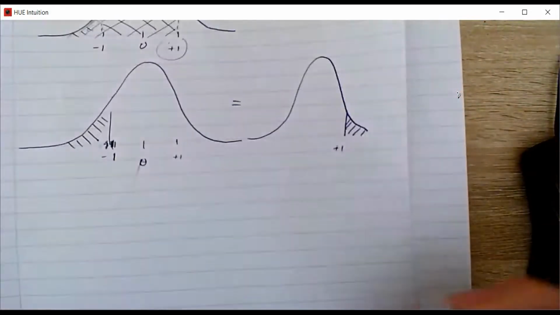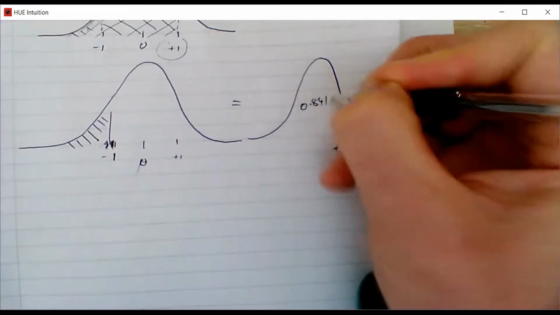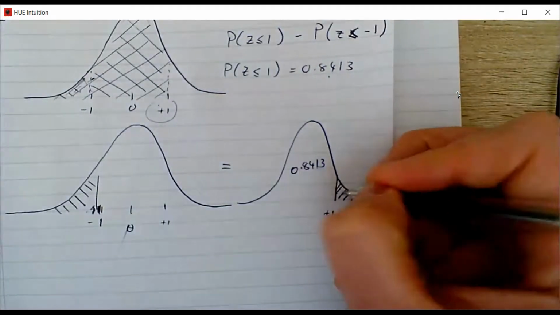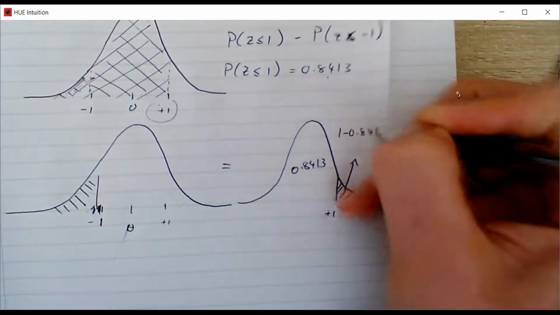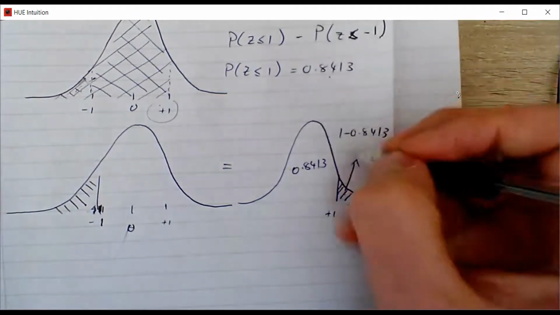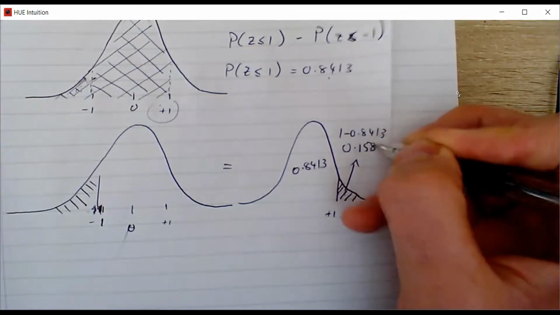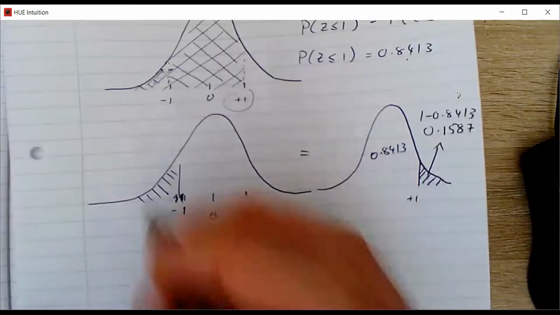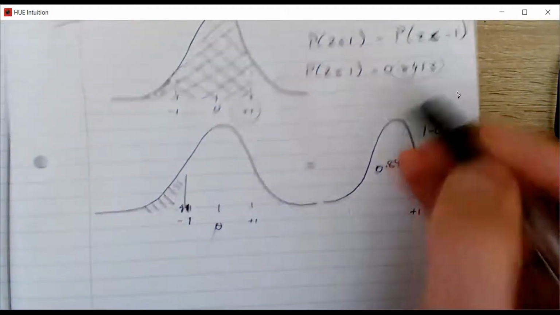Now, is that any easier? The log tables don't tell me that, but they have told me that this bit is 0.8413, haven't they? They just told me that a second ago up here. So this bit here is 1 minus 0.8413. So the proportion of z-scores greater than +1 is 0.1587.